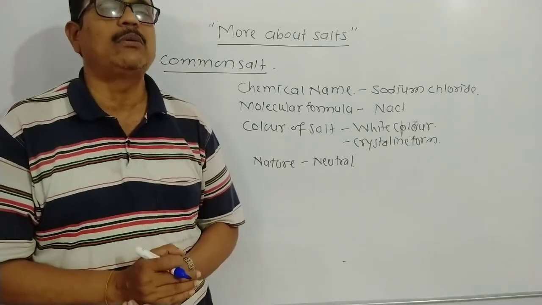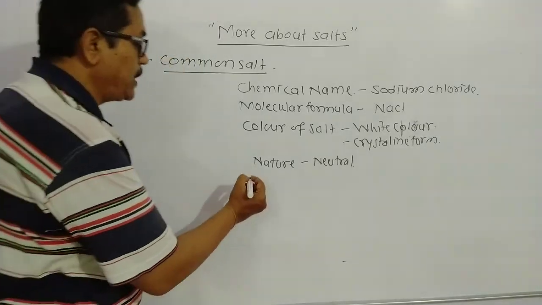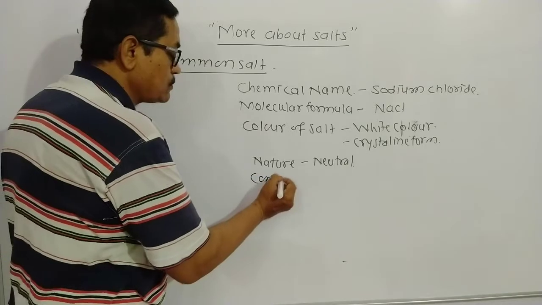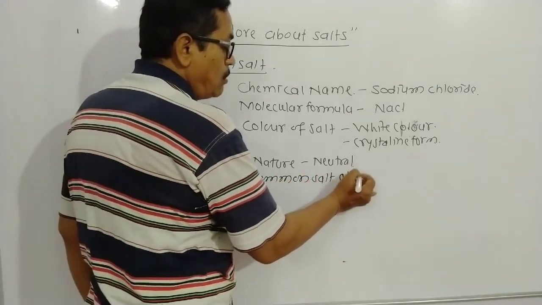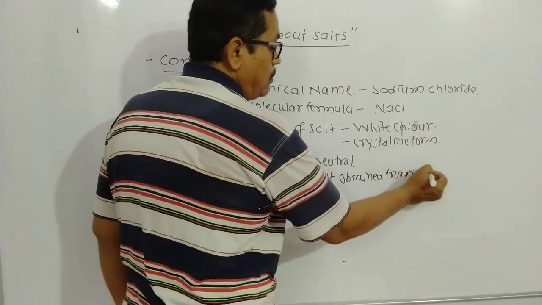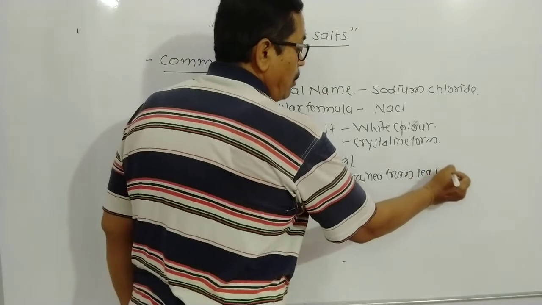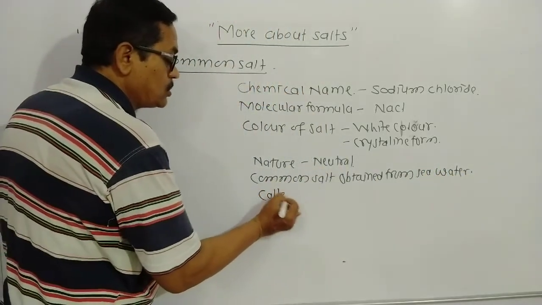That is the impure form of salt, called rock salt. Common salt obtained from seawater is called rock salt.